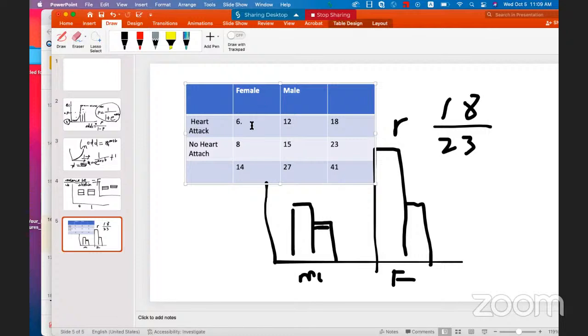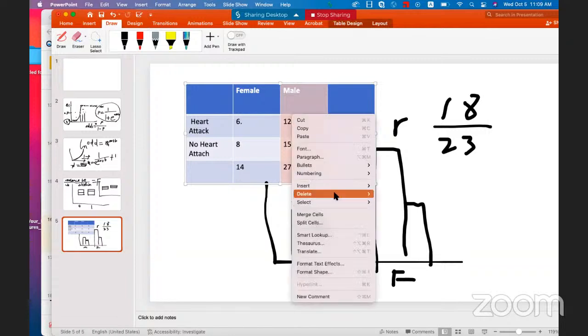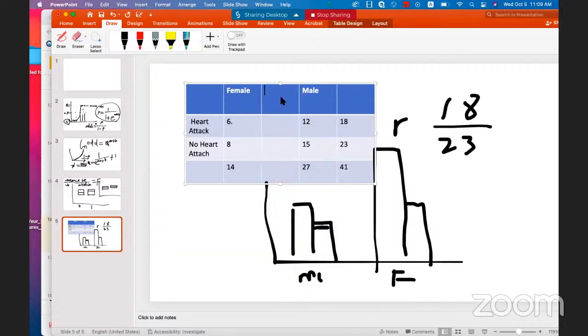Okay, this is the observed value. We call it the observed value, and this is the expected value. This expected value should be the number of females times this ratio.